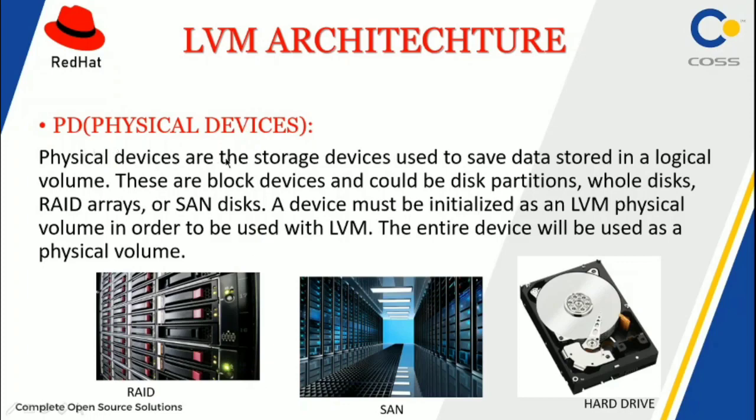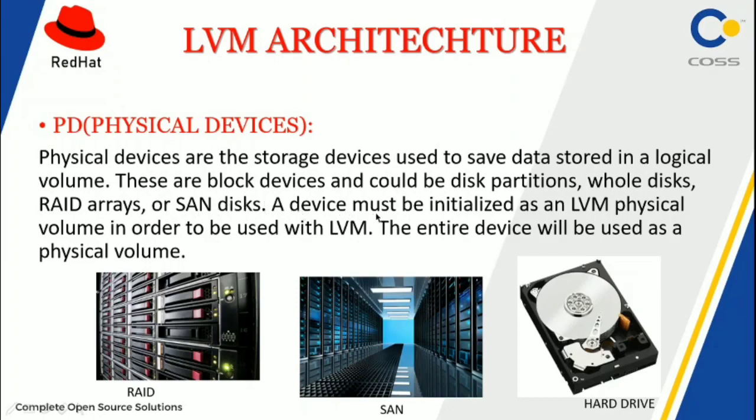Physical devices are the storage devices used to save data stored in a logical volume. Data will actually be stored on the physical hard drive, right? We are storing it logically in this partition, in this drive, in this folder, but at the end it is going to be stored on the physical devices. It can be a hard drive, a SAN, or RAID. These are block devices and could be a disk partition, whole disk, RAID arrays, or SAN disk, as I have told.